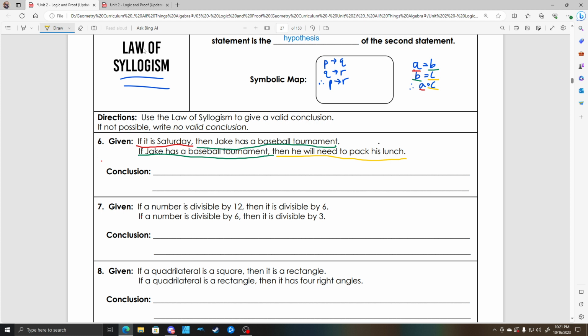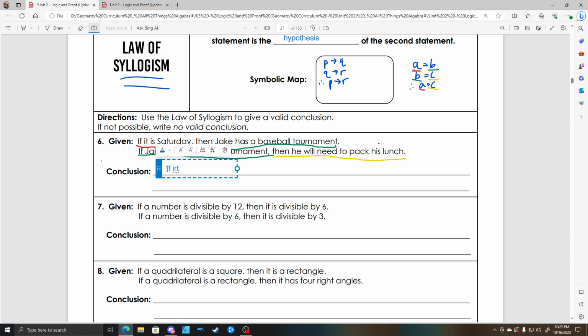And if you think about this logically, then what they're saying is, if it is Saturday, then Jake has a baseball tournament. If Jake has a baseball tournament, then he will need to pack his lunch. So the conclusion is, if it is Saturday, then he will need to pack his lunch. So that's your answer.